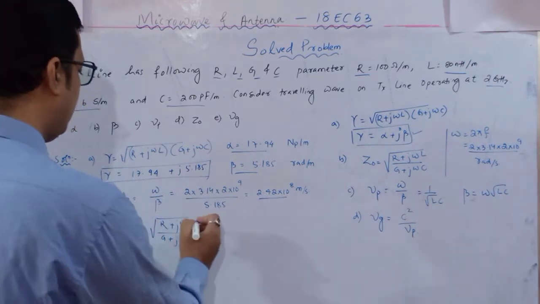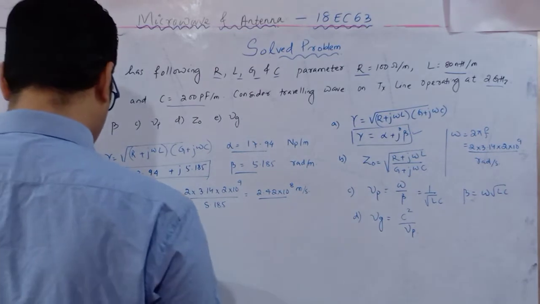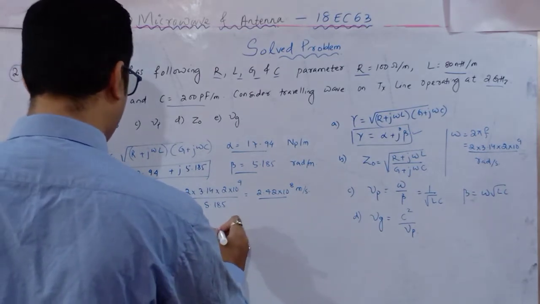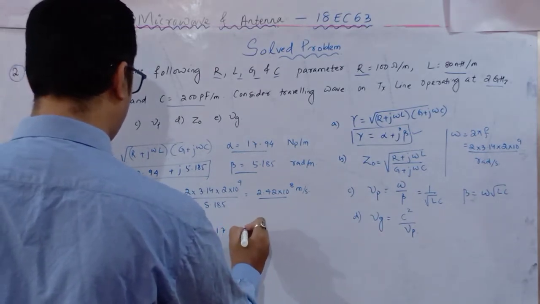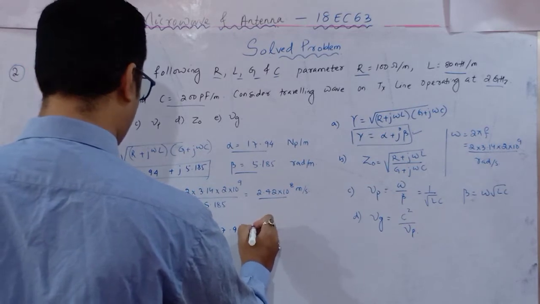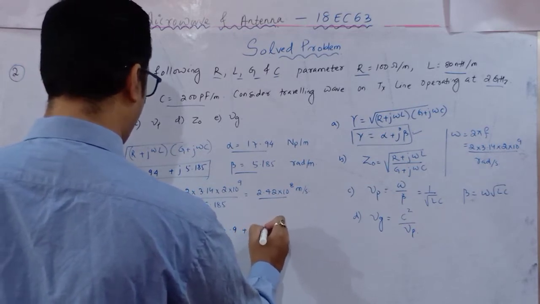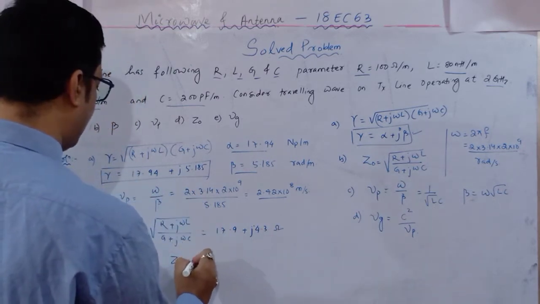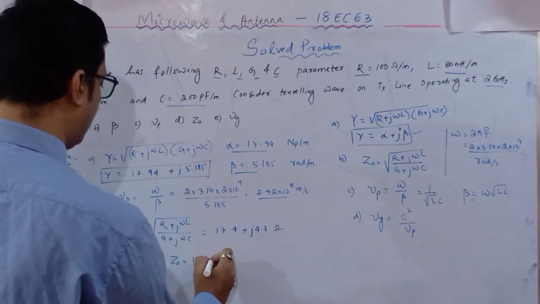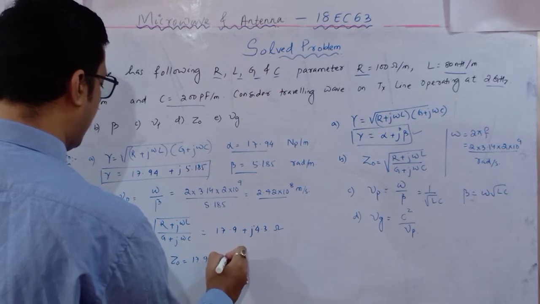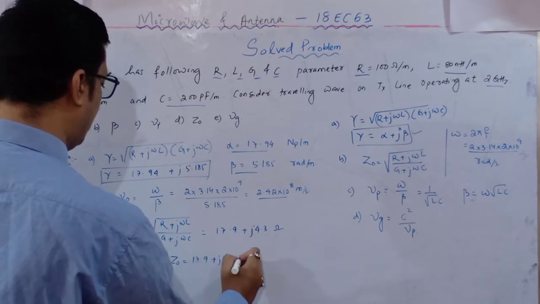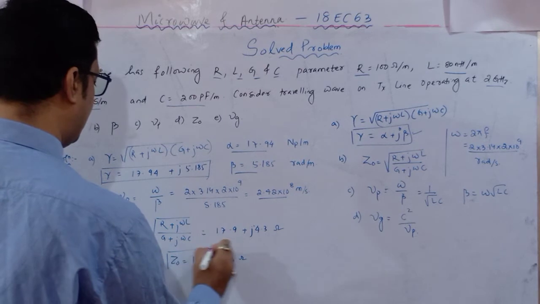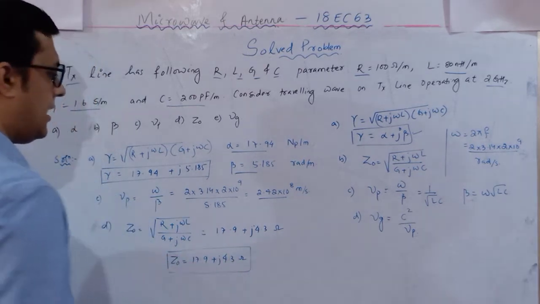So if you solve this, you will get your Z0 will be around 17.9 plus j 4.3 ohm. So your characteristic impedance is 17.9 plus j 4.3 ohm. So this is your characteristic impedance.